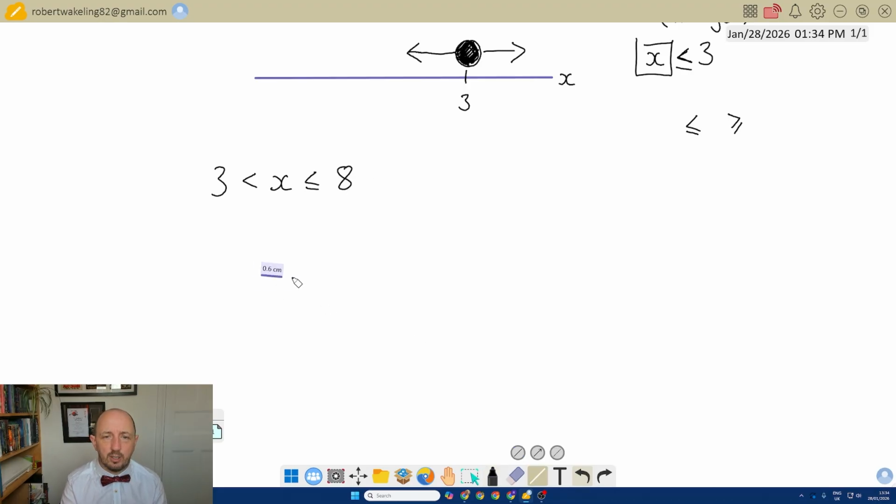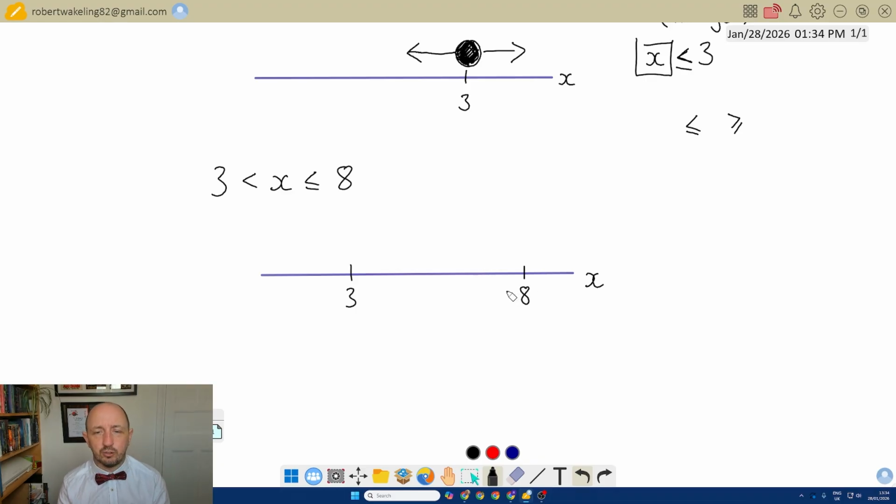Okay, let's try to represent that on a number line. So this is a double one. So we're going to have a 3 and an 8 at our extremes. 3 and 8. And x is sitting in between the 3 and the 8. That's how you want to imagine this. X is between 3 and 8.